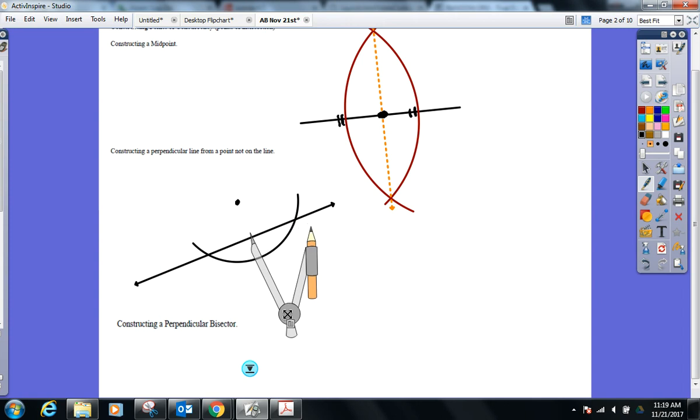And then go open up. Remember, after that one, I always like to open up my compass a little wider.